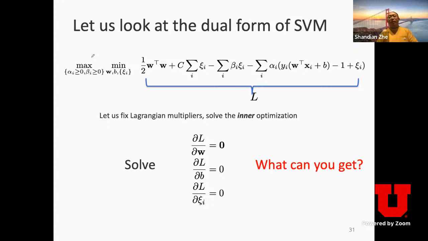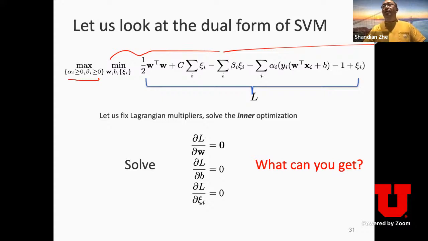So let us consider in the outer level, we have some alpha i's and beta i's there. Then we directly solve the inner level, which is minimizing the Lagrange function with respect to the model parameters and slack variables. How can we do that?